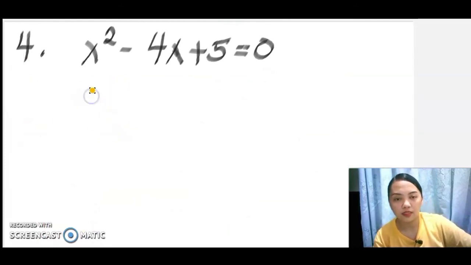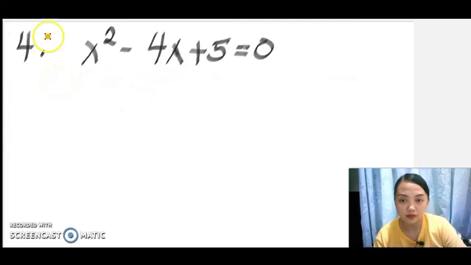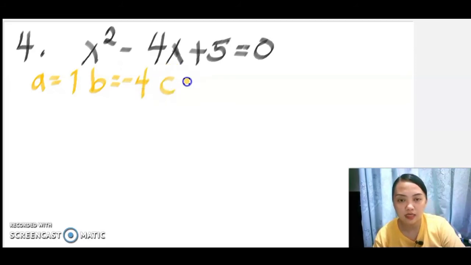So, yellow naman gamitin natin. So, since naka-standard form na siya, so, madali na lang. So, the value of A is 1. B is negative 4. At si C is positive 5.